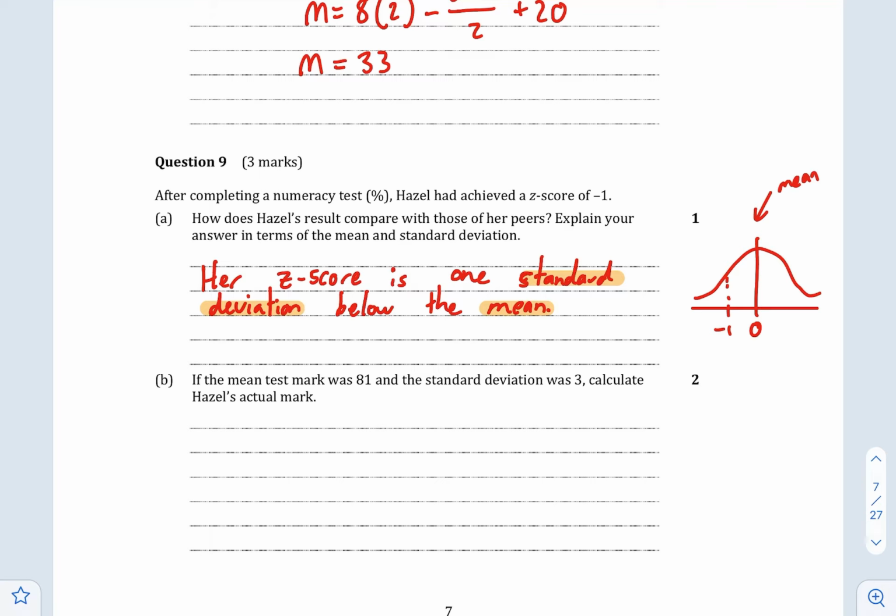Now, if it was positive 1, we would say 1 standard deviation above the mean. Basically, what we're looking for is, can you see that it's a positive and negative, and how does that reflect on a normal distribution curve?